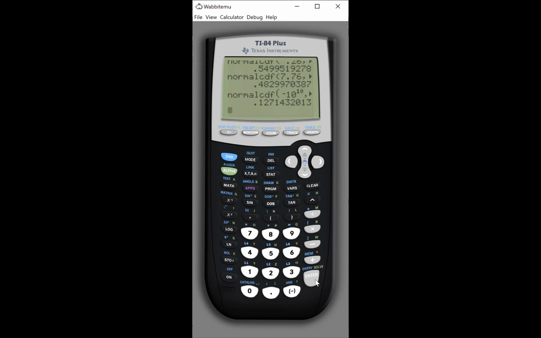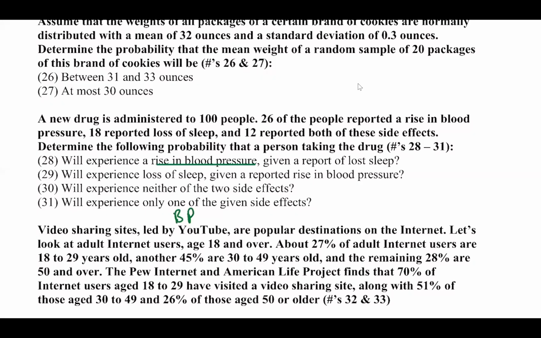Anywhere you see me putting BP, that's blood pressure. Let me transfer back to my notes so you can see what I'm talking about. So for 28, a rise in blood pressure will be BP, and for loss of sleep, you put S.